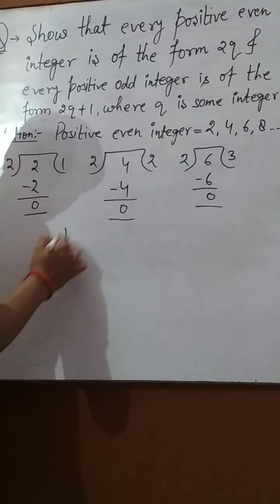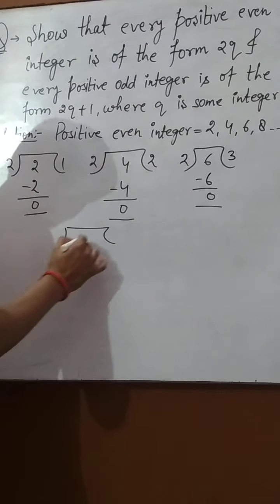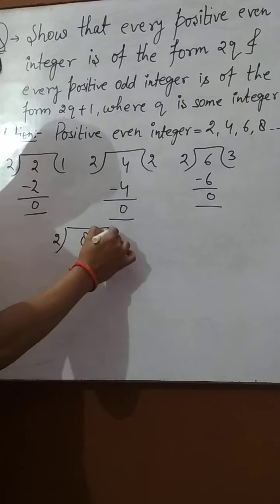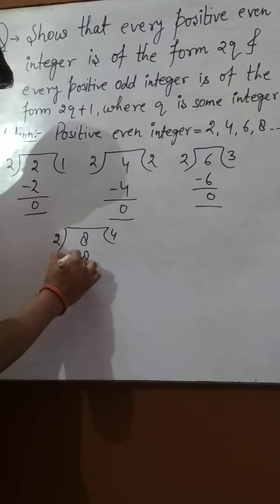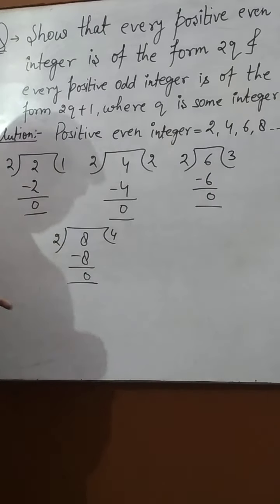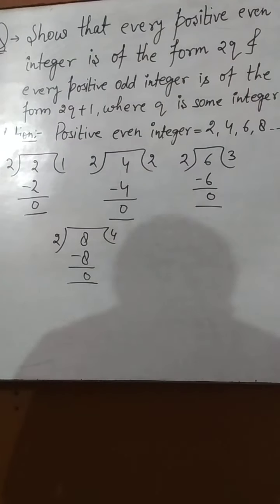Next, we divide 8 by 2: 4, then remainder 0. Clear?